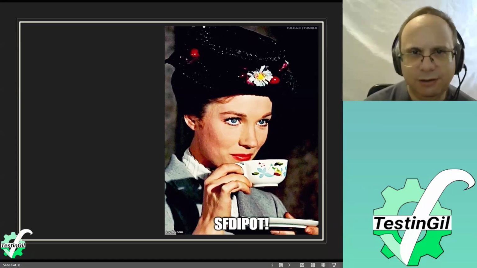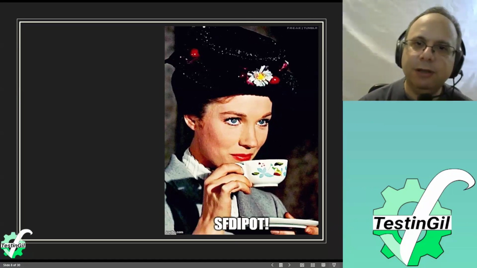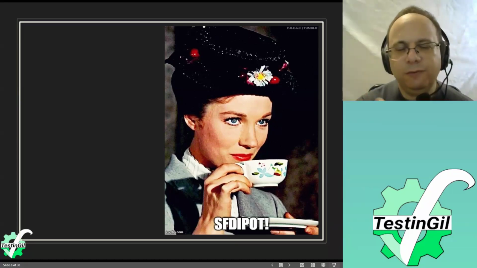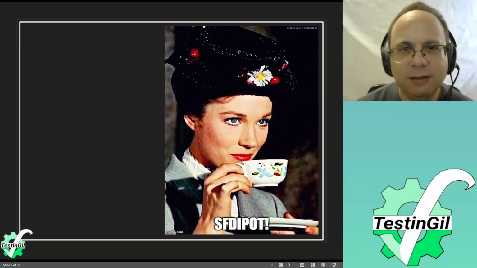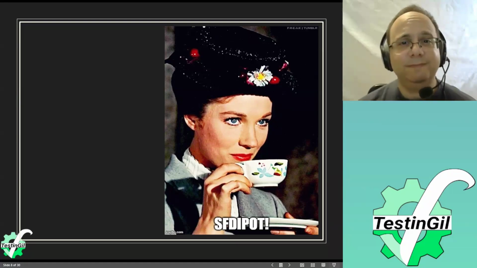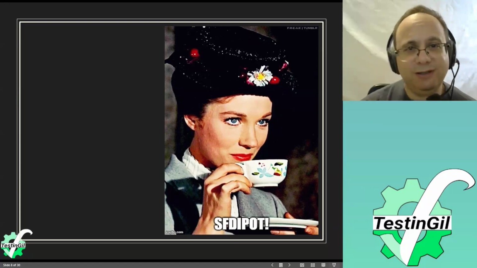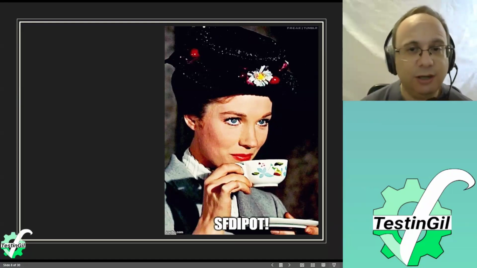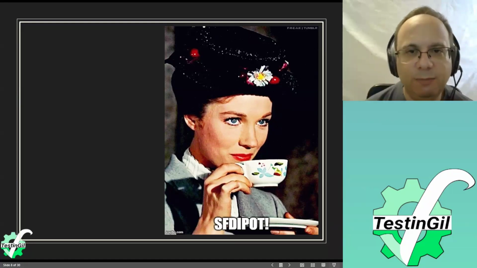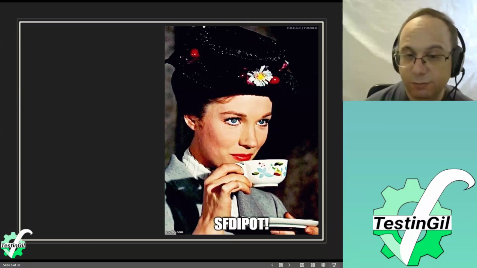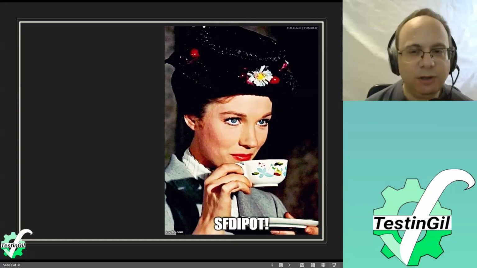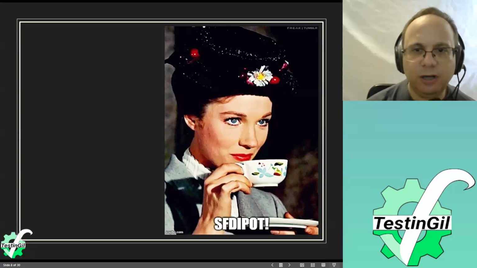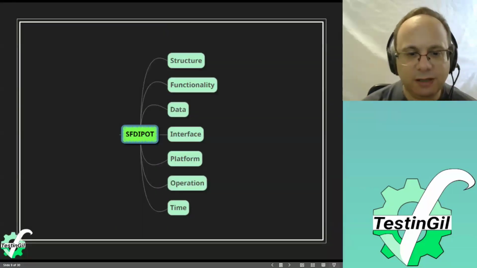When we're looking for something new to learn, we're probably looking for something that worked for a lot of people in a lot of cases. That's a heuristic. So what we're calling best practice really is a heuristic, which means it works on many occasions for many people. It's not complete. It's a starting point, but it's a good starting point if we're going to come up with ideas. So what is SFDIPOT?